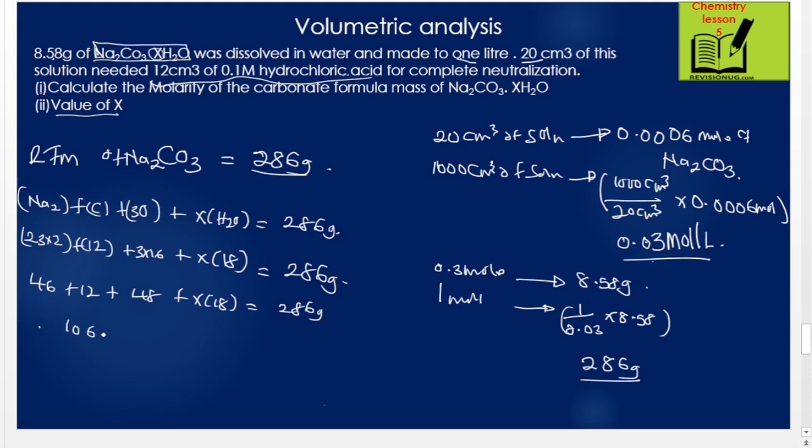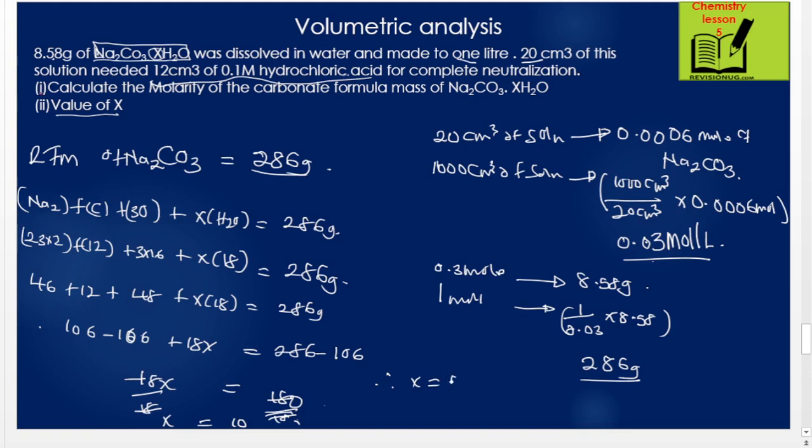Now this is 106 plus 18x gives us 286. Therefore 18x equals 286 minus 106, which gives us 180. So we divide by 18, so x is equal to 10. Therefore the value of x is equal to 10.